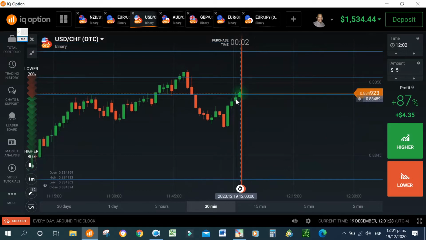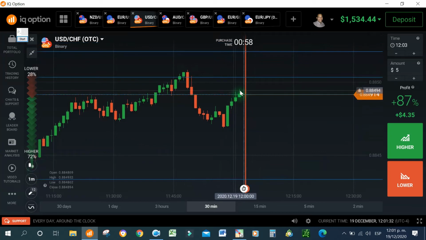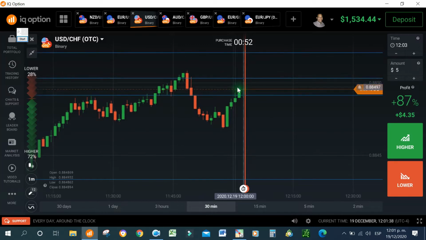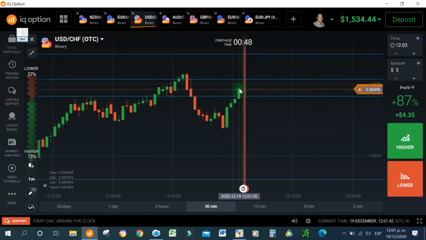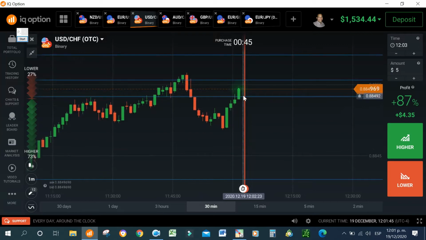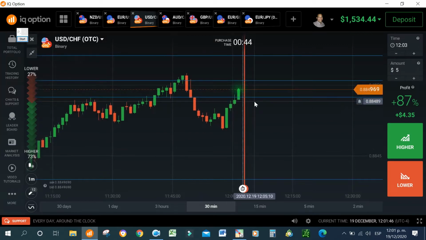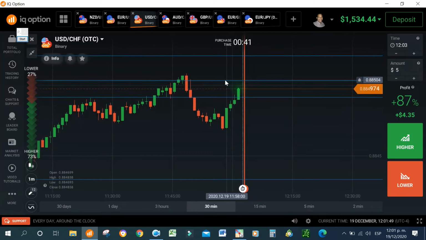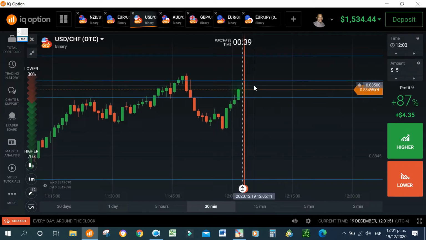Because as we can see here, the price reaction is that it has rejection at this level, but we need to wait until this candlestick closes, because if it closes above like it's doing right now, we need to wait for the next resistance level.